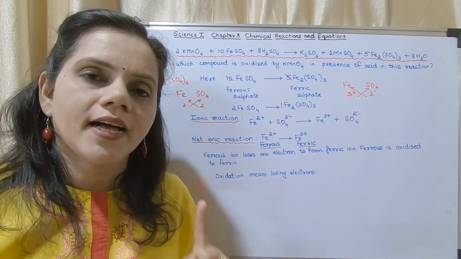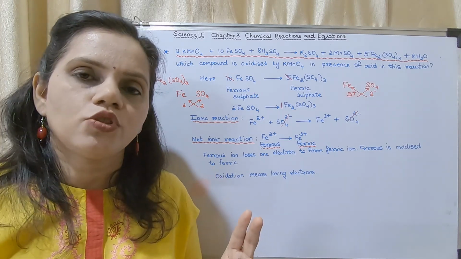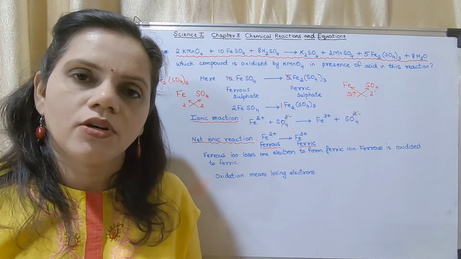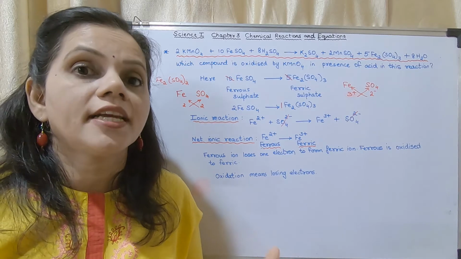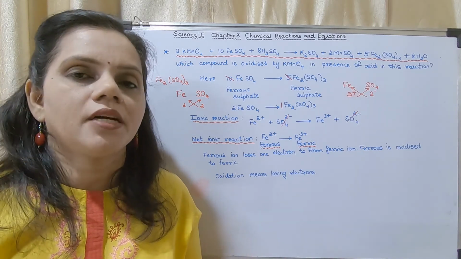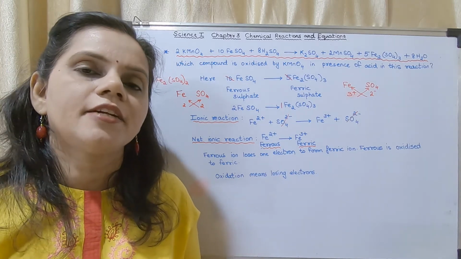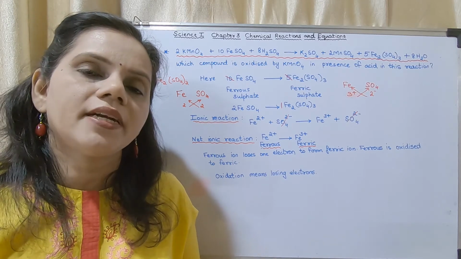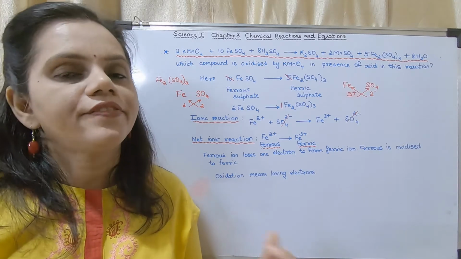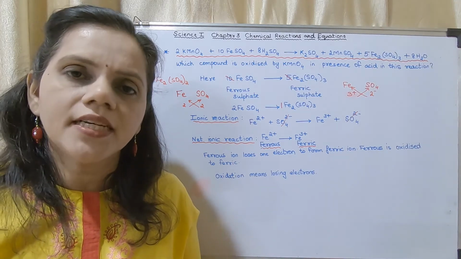If the element loses 1 electron, it becomes 1 positive. If the element loses 2 electrons, then it becomes 2 positive. If the element loses 3 electrons, then it becomes 3 positive. If the element gains 1 electron, it will become 1 negative.